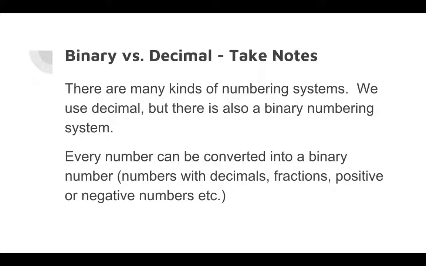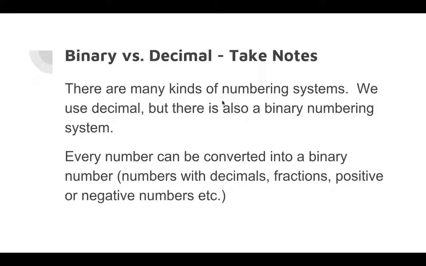Everything must be represented in 0 and 1 on a computer because, as we learned with circuits, a 1 will enable a circuit, a 0 will not enable a circuit, and that's how everything is processed in a computer.